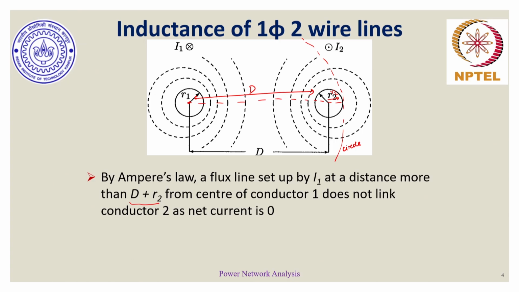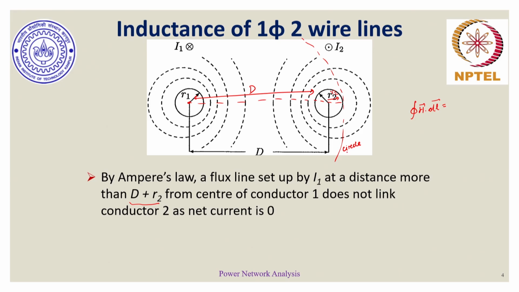On this surface, Ampere's law simply says the integral of the dot product of magnetic field intensity H and the length vector dl should be equal to the net current encompassed inside this surface.